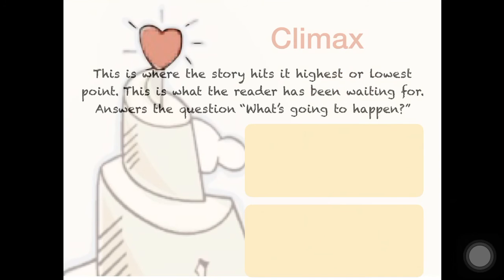The climax worksheet, you're going to first fill out what event triggers the change. Okay, so maybe, if we're thinking about the teenage boy who ran away from his plantation, maybe he meets Harriet Tubman, and that is the event that changes him, because he knows who Harriet Tubman is.